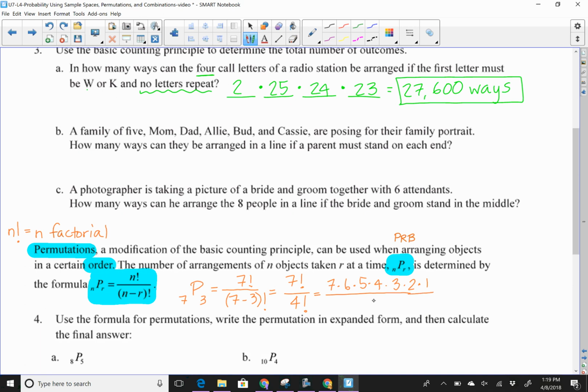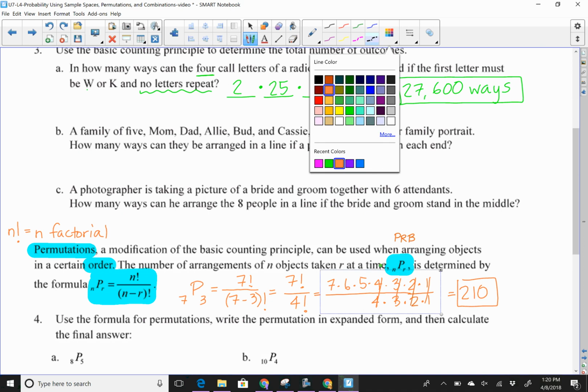And then on the bottom, you're going to have 4 times 3 times 2 times 1. Now, surely you can see you got the same thing on the top and the bottom. Those cancel, so I'm left with 7 times 6 times 5, which is 210. So 7P3 is equal to 210.